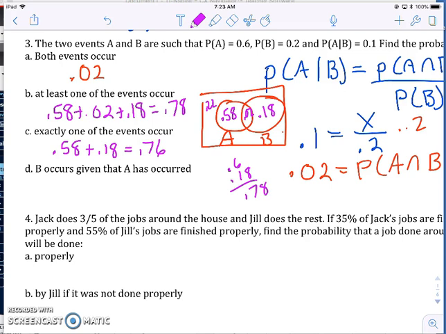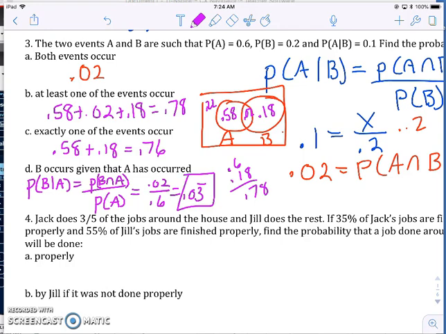B occurs given that A occurs. So we want the probability of B given A. So that's the probability of B and A over the probability of A. So this would be 0.02 over 0.6, which is 0.03 repeating.